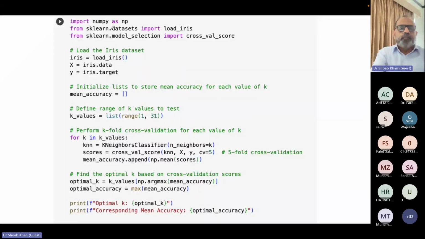where it is loading the iris data and the labeled data, and then initializing where it is going to keep the accuracy for each fold.